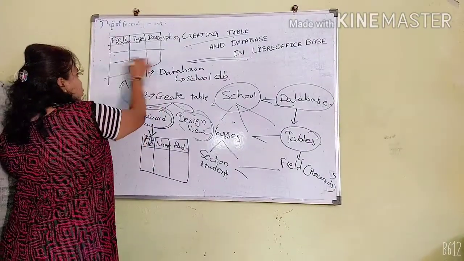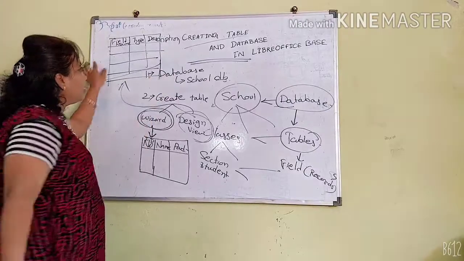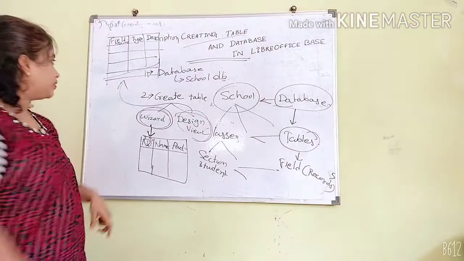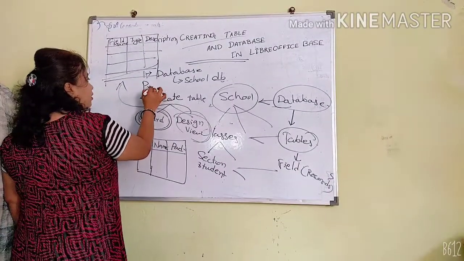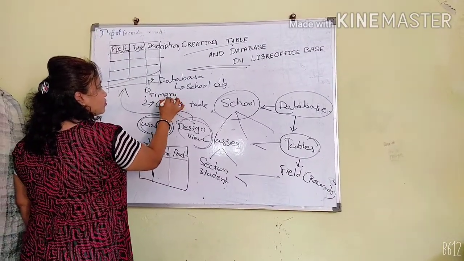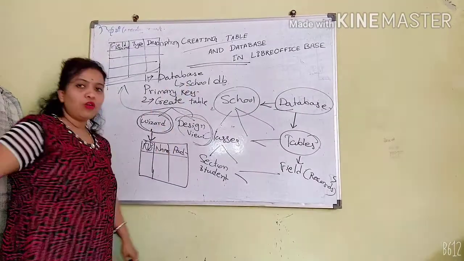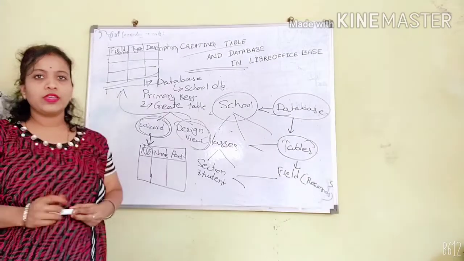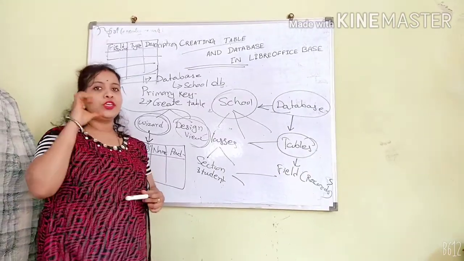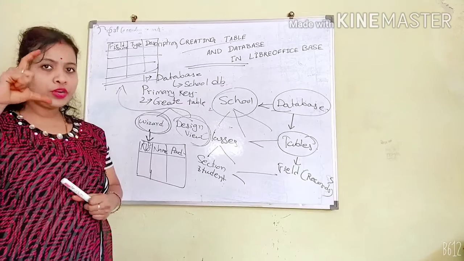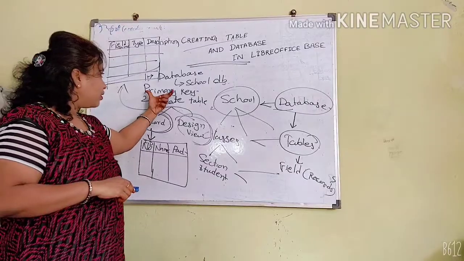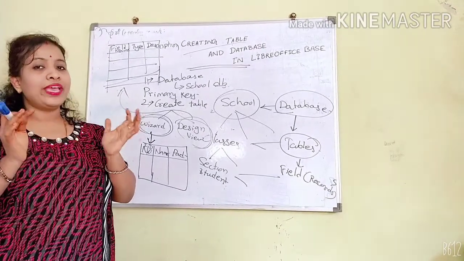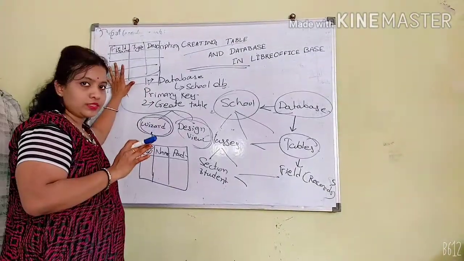Once you give the whole detail, whenever you are going to save it, it asks for an option, that is the primary key. So now let's discuss the primary key. What is a primary key? The primary key field is a unique field or a unique value that is mainly used to indicate, connect, or make a relation between two tables.